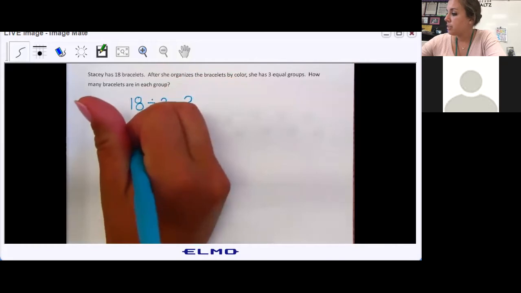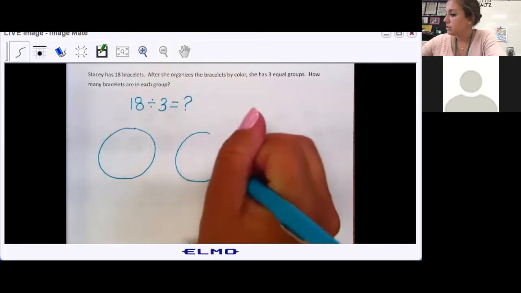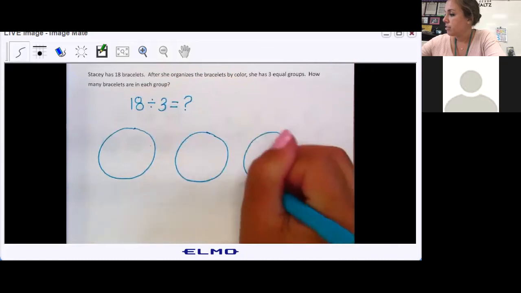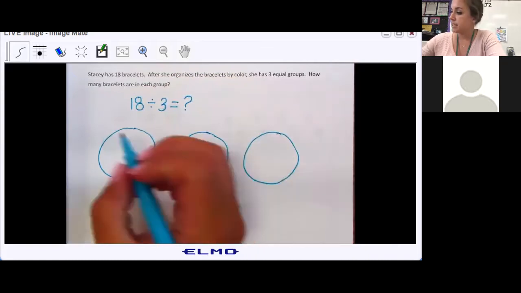So I'm going to draw the groups first. 1, 2, 3, and then I'm going to pass out the 18 bracelets.